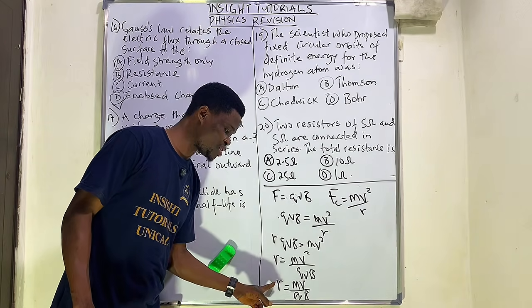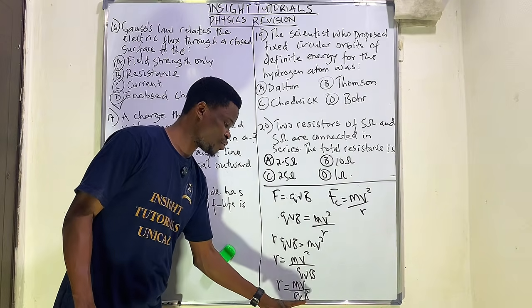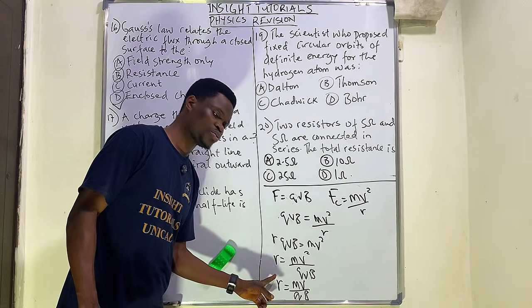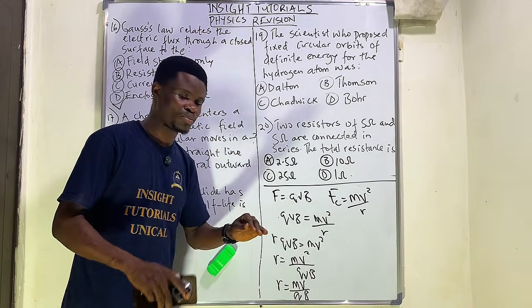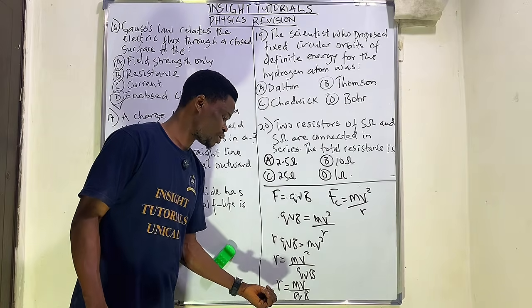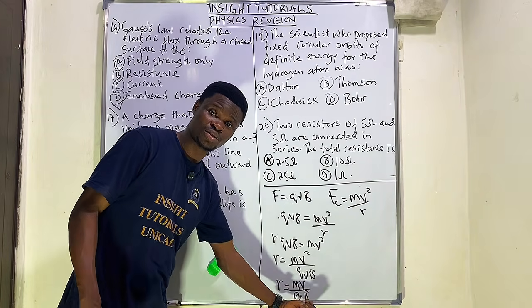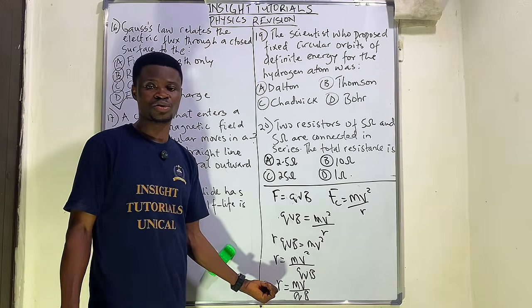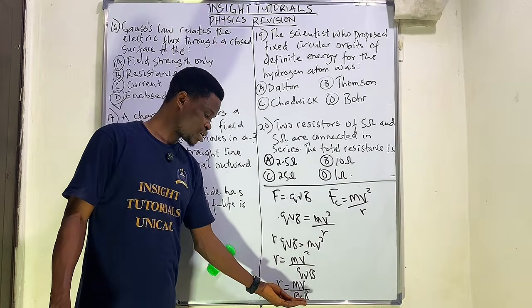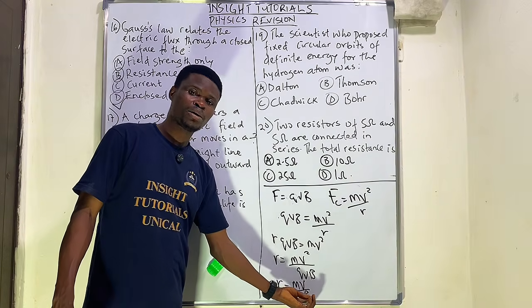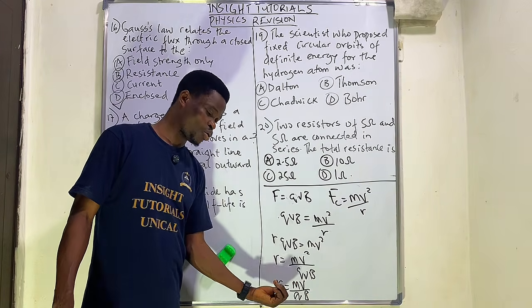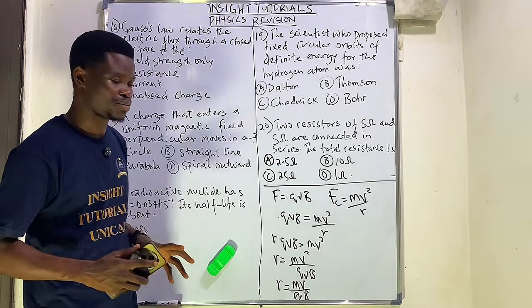If you increase this, this will reduce. If you decrease this, this will increase. Whatever happens to the radius is what will happen to the mass and the velocity. So if you increase mass and velocity, you're indirectly increasing what? The radius. But if you increase the charge and the magnetic field intensity, you're going to reduce the radius. That's just the relationship that exists there.